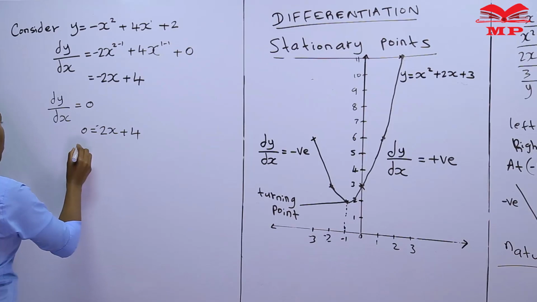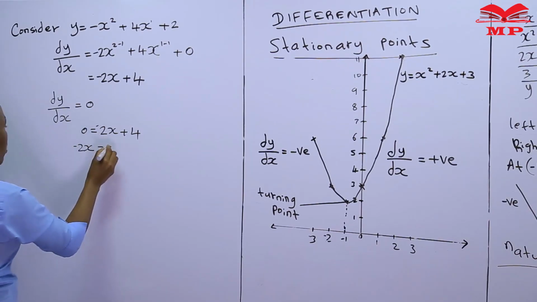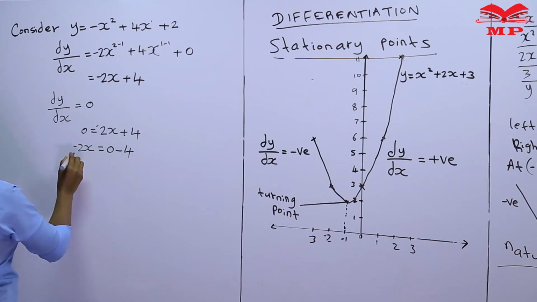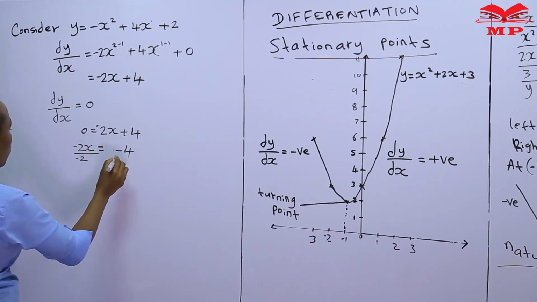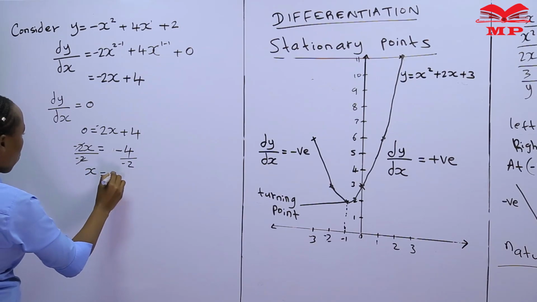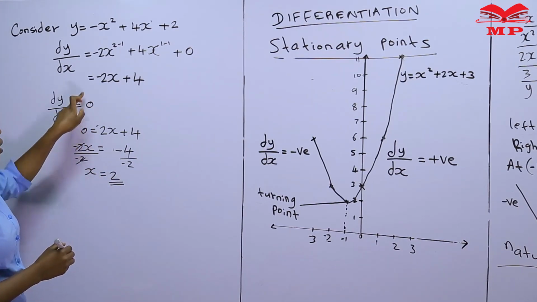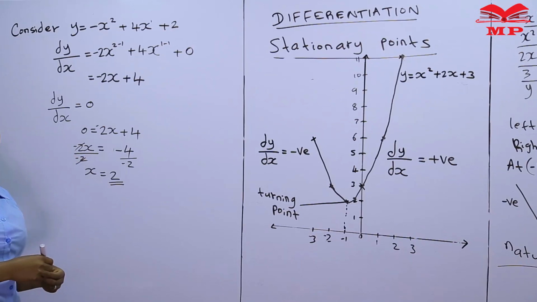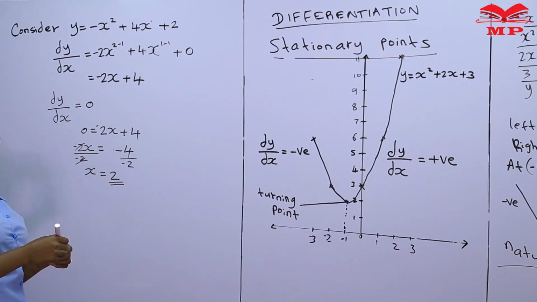Therefore -2x is equal to 0 minus 4, which is -4. So we divide by -2, and we have x is equal to 2. So where the gradient is 0, that is at the turning point, at that stationary point, the value of x is 2.